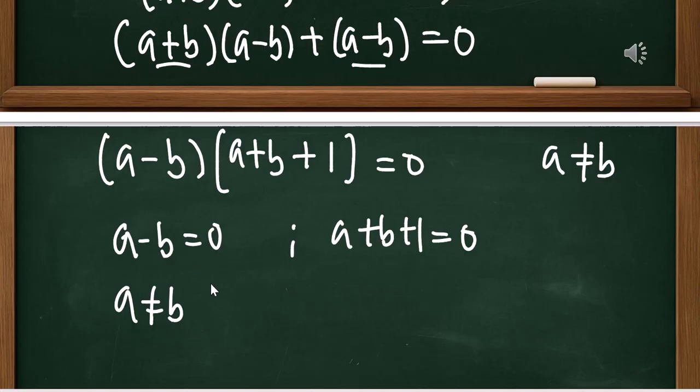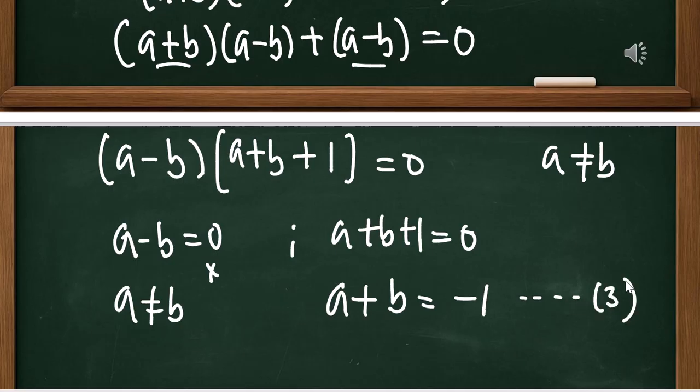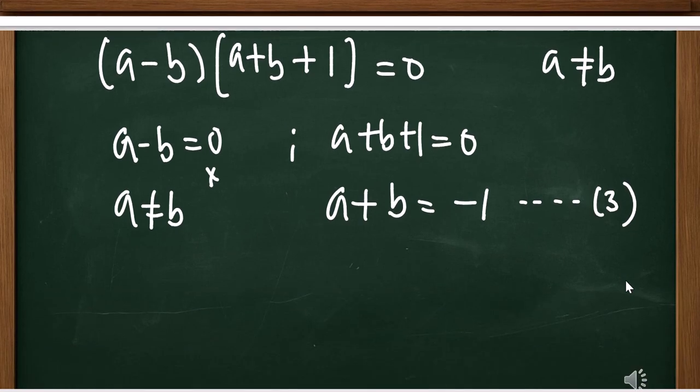That is, this is not true. But as for this, you can say that a plus b equals negative 1. This equation is very important. I'm going to call this equation 3. I'm still coming back to this equation because we're going to use it very soon. Now we have equation 1 to 3.